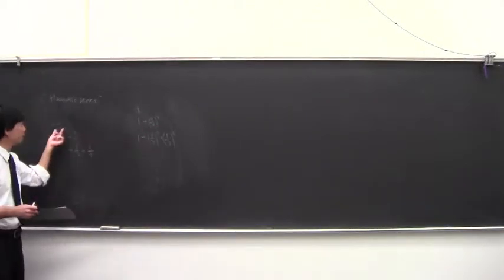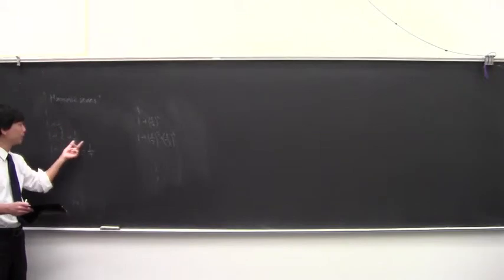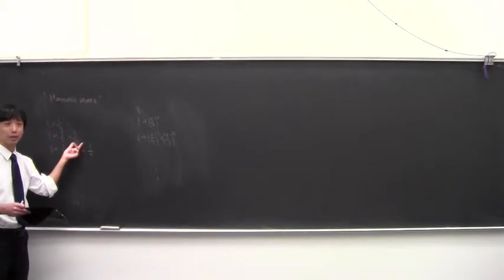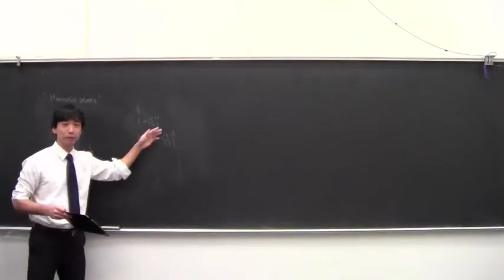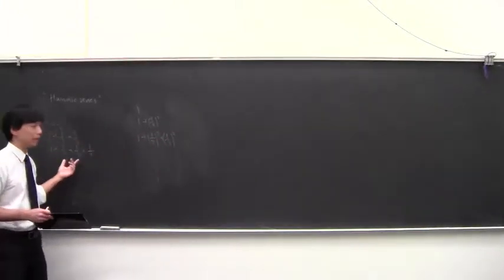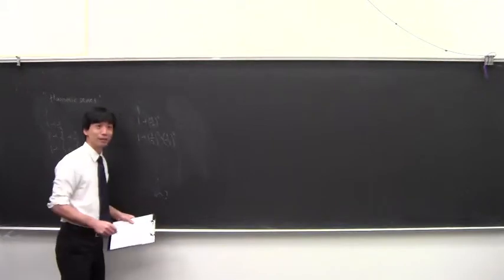In fact, they're smaller than what we had before. 1 half squared is smaller than a half, 1 third squared is smaller than a third. The things that we're adding on are shrinking at a faster rate. So what do you think is going to happen? Will it be finite, or will it still be infinite? Wouldn't it still be infinite?